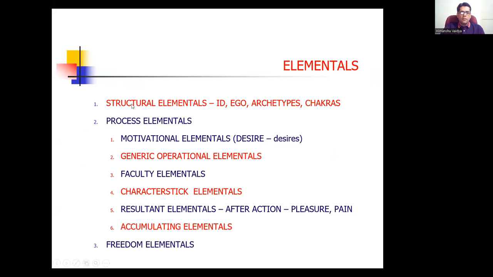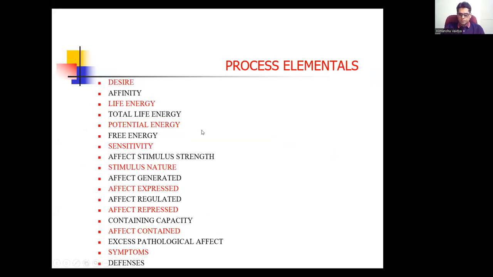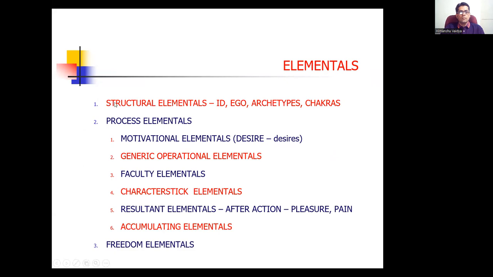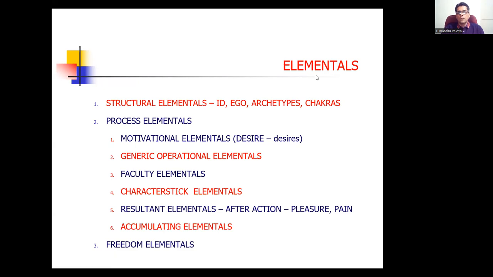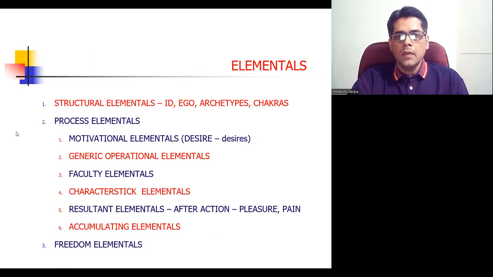We started off by saying the elementals in the HEAT model can be divided into three categories: structural elementals, process elementals, and freedom elementals.